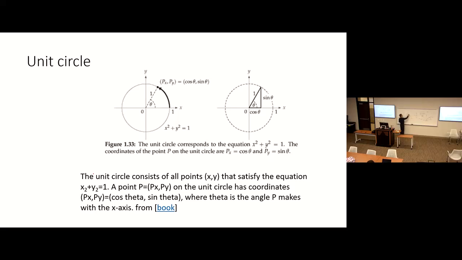If I want to know the coordinate of this position, which is 45 degrees in the upper right, this unit vector should be 1 over square root 2, in order to satisfy this equation, the norm is 1. Okay?